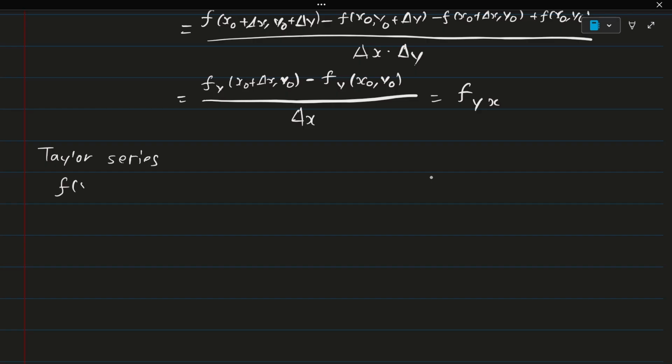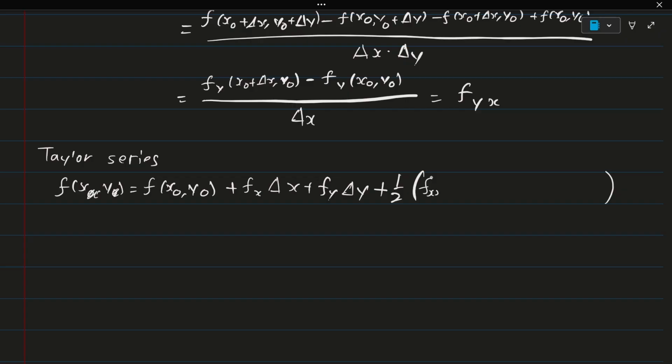This will be f(x0 + delta x, y0 + delta y) equal to f(x0, y0) plus the first derivative times delta x plus the first derivative with respect to y times delta y, plus the half, which is what you already gained from your Taylor series, and this entire function of all of the different combinations: f_xx, f_xy, f_yx, and f_yy.